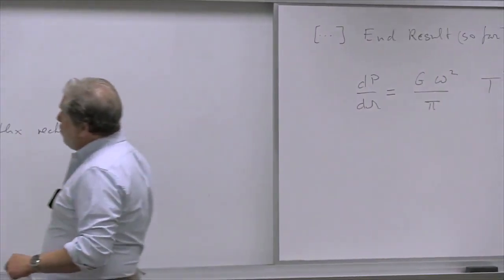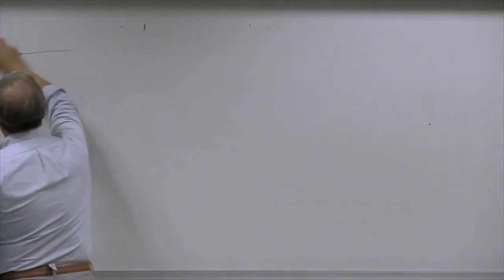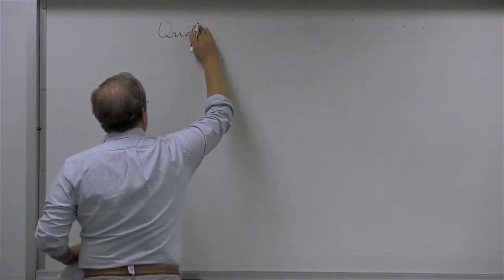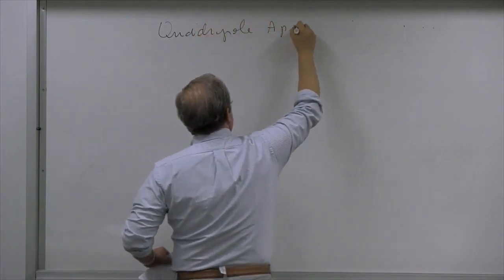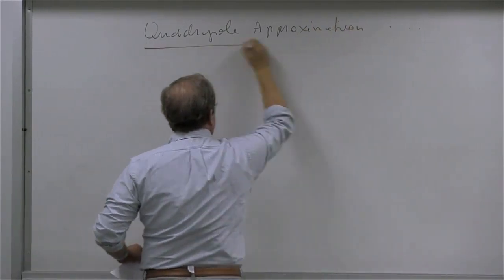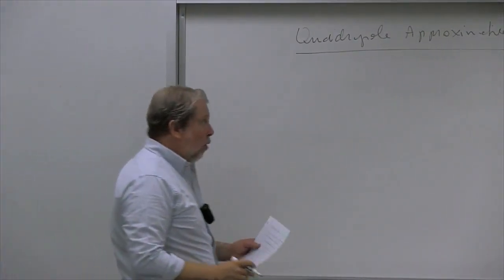Well, not the dipole approximation, because we're not dealing with electromagnetism, so it's going to be the analog of that: the quadrupole approximation. But it is the analog of the dipole approximation in electrodynamics. So remember how that works, right?